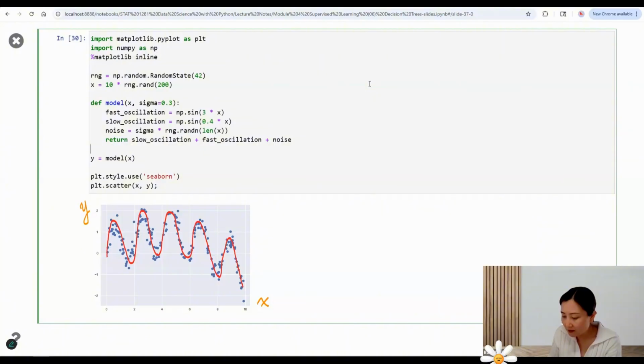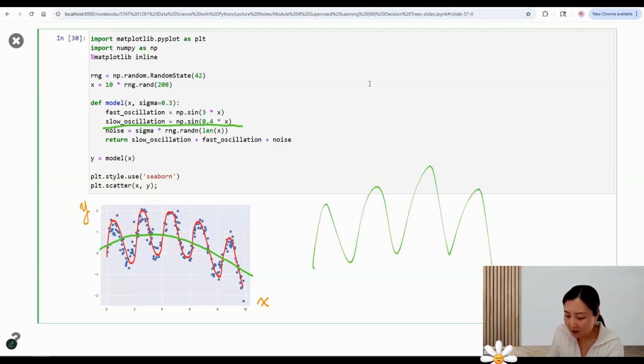There are two types of patterns: one is slow oscillation, and one is fast oscillation. Overall, there is an underlying slow oscillation, which is created using this function. And the fast oscillation looks like this, created using this function. And lastly, we add a noise term to each observation.